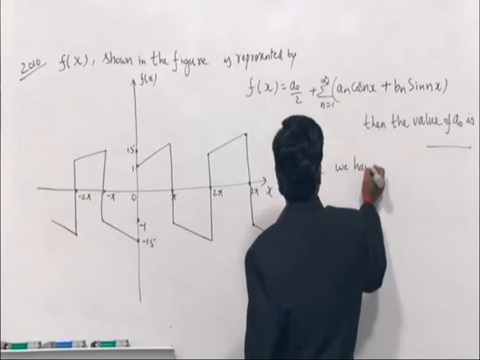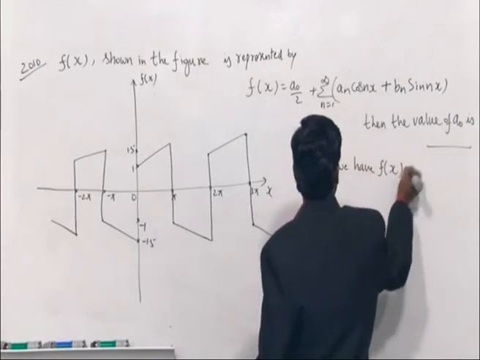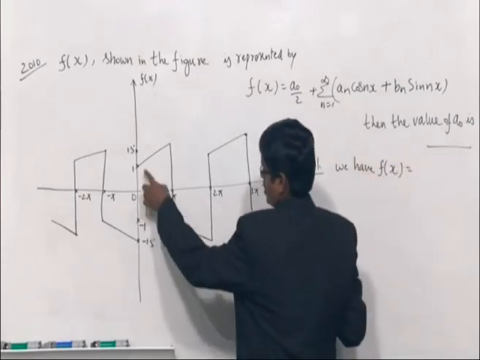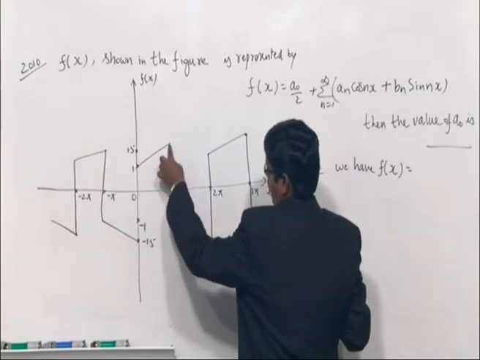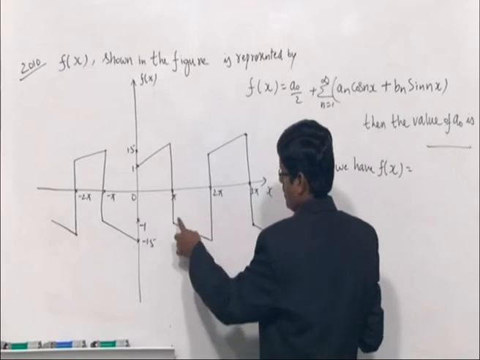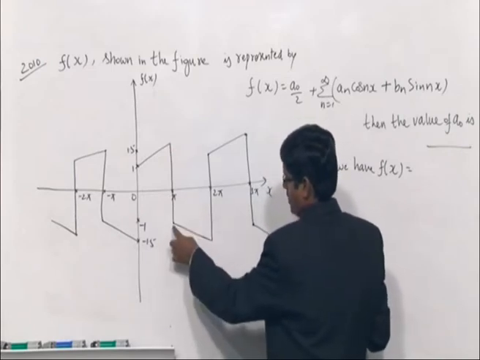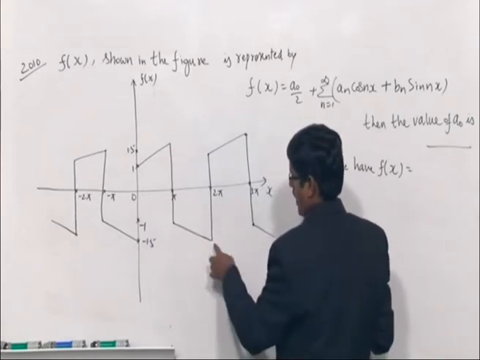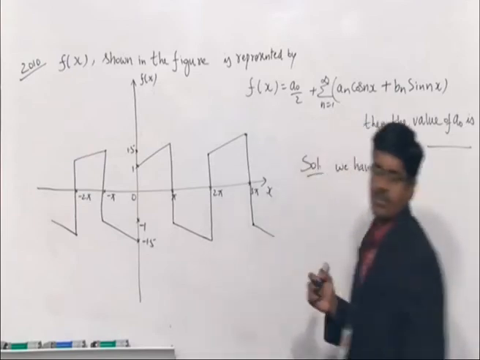We have f of x. So it is a straight line joining between 0, 1 and pi comma 1.5. And similarly this is a straight line joining between pi comma minus 1 and 2 pi comma minus 1.5.